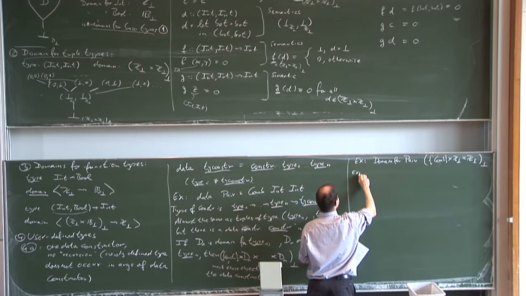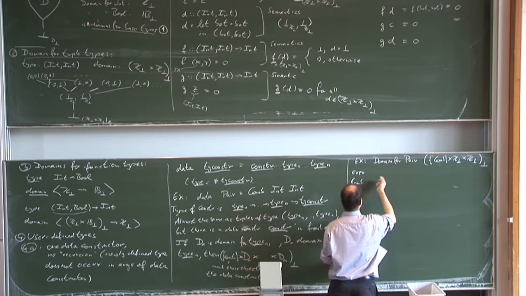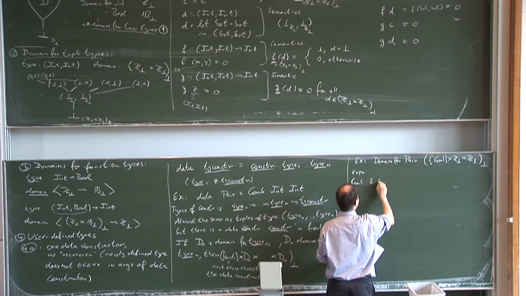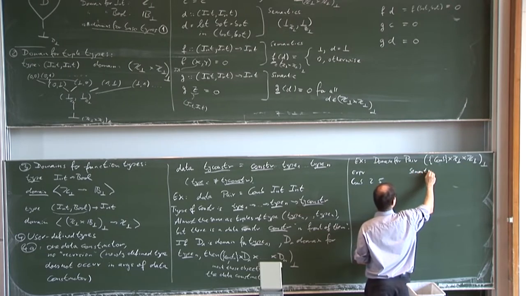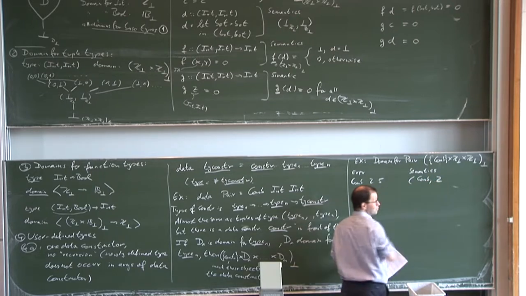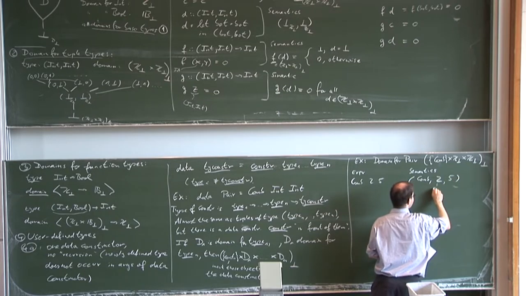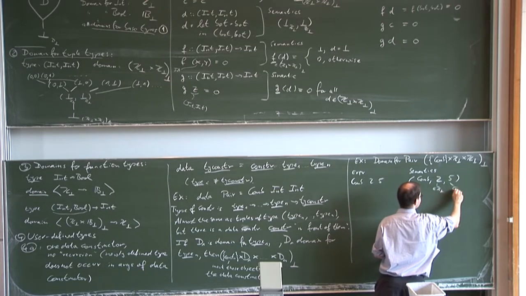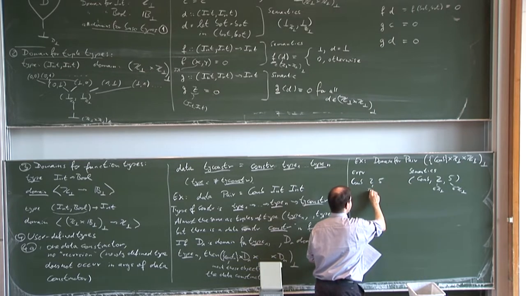So, for example, the Haskell expression comp of 2, 5 has the semantics of a tuple, where the first element is comp, the second is the semantics of 2, which is the number 2, and the third is 5. The second is from Z bottom, the third is from Z bottom, and here Z is of type int.